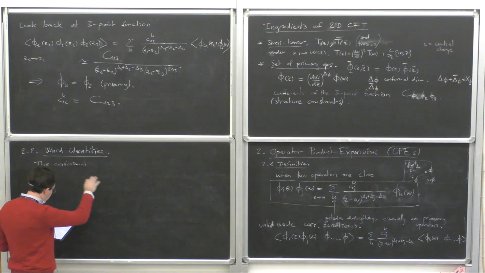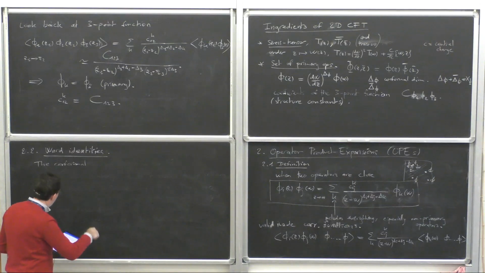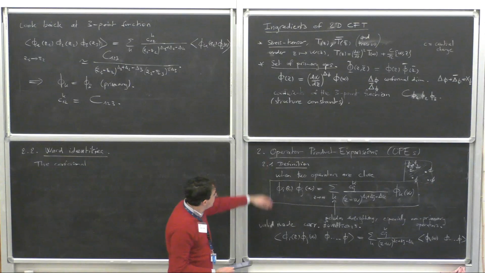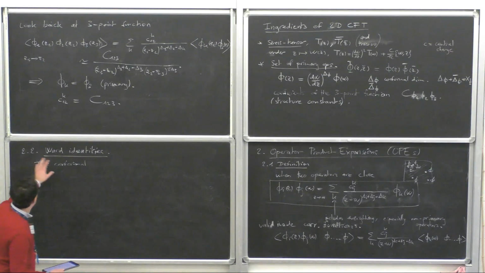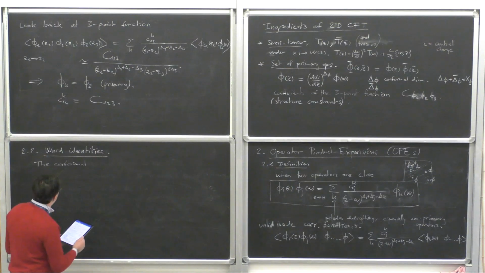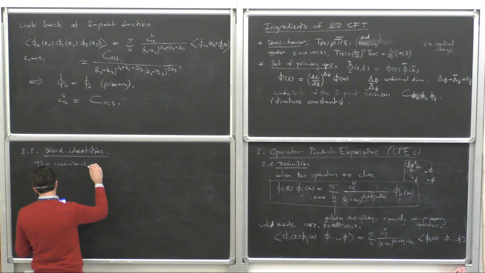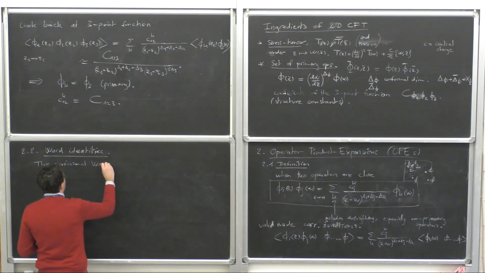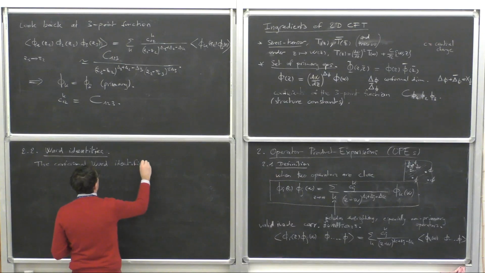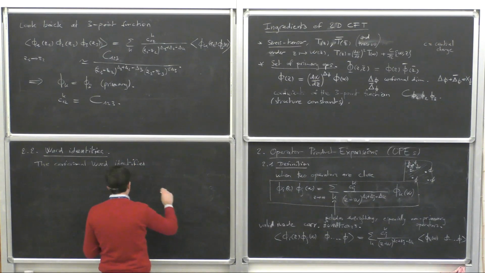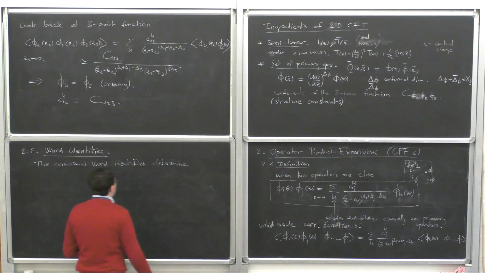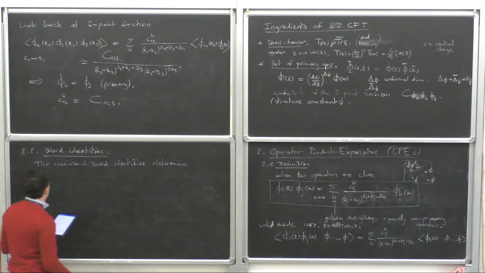Here it's associated with general conformal invariance, and it's expressed in a different way, because now that we have seen the operator product expansion, it turns out these Ward identities can be rephrased directly in terms of the OPE. I will go very quickly over this. If you really want to dig more into this, it is discussed at length in all the good references because it's an important point, but I will not insist too much on it.